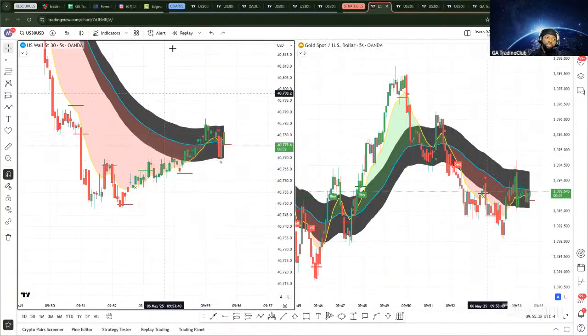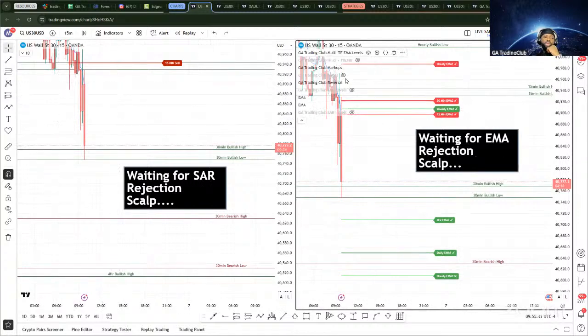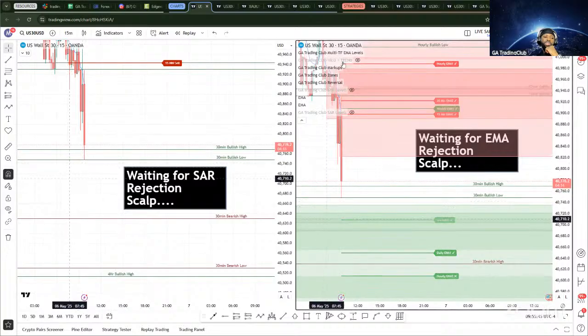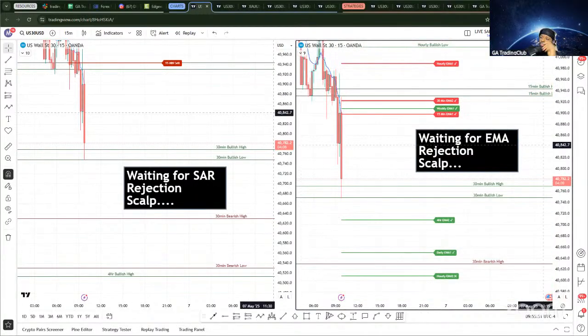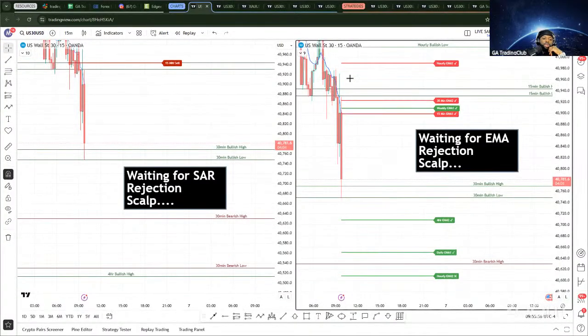Unfortunately, we did not have a green zone where this order block is. You can see the demand zone was just below it. So hopefully the 10 a.m. candle brings some sort of liquidity.